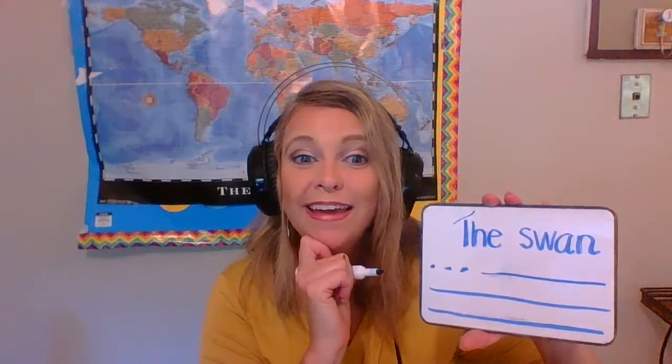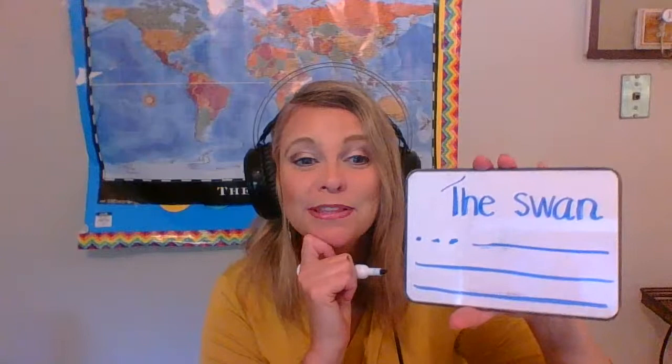Here's where you get to make up your part of the story. As the swan finds a new family, what happens to the swan? Does he have another adventure? Does he live happily ever after? And that's also a fun thing to do after you complete a story.